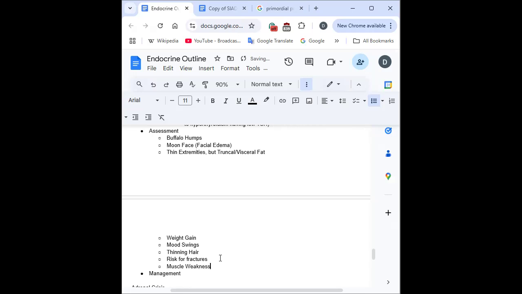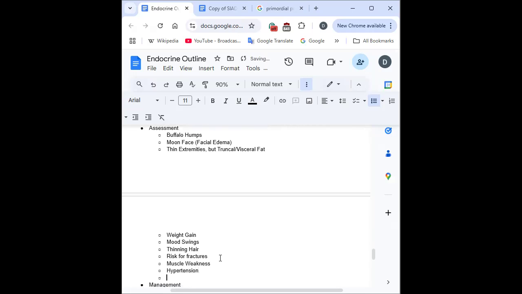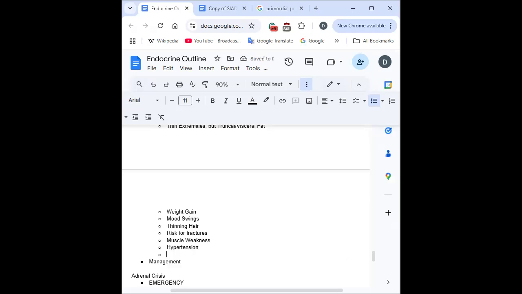So if you recall, one of your big things with cortisol is the fight or flight. So it's going to make your blood pressure go up, going to make your heart rate go up.